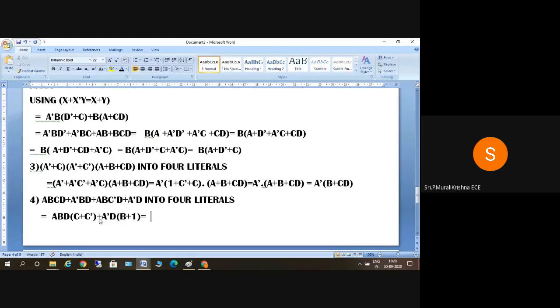So the answer will be equal to ABD plus A bar D. Okay, ABD plus A bar D here. So both of the cases, D is common here. So D is common, that is D into AB plus A bar.